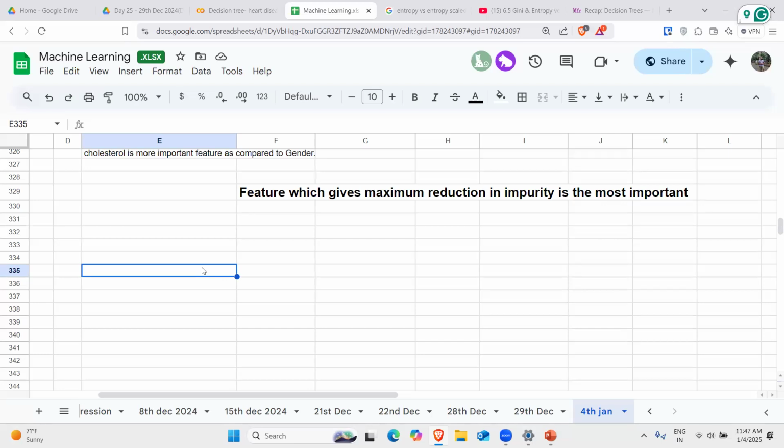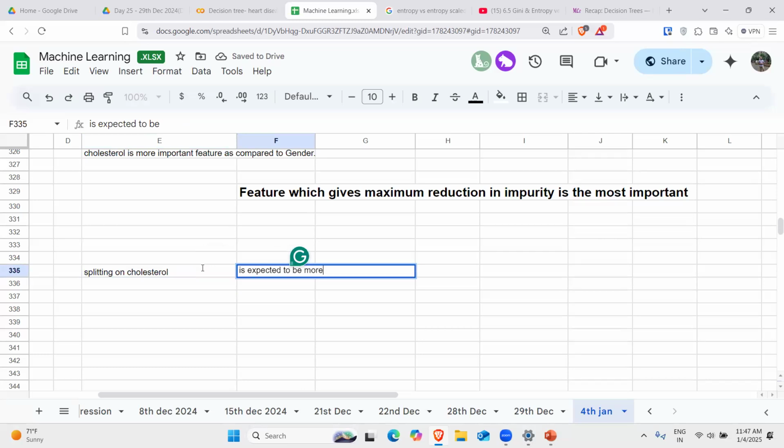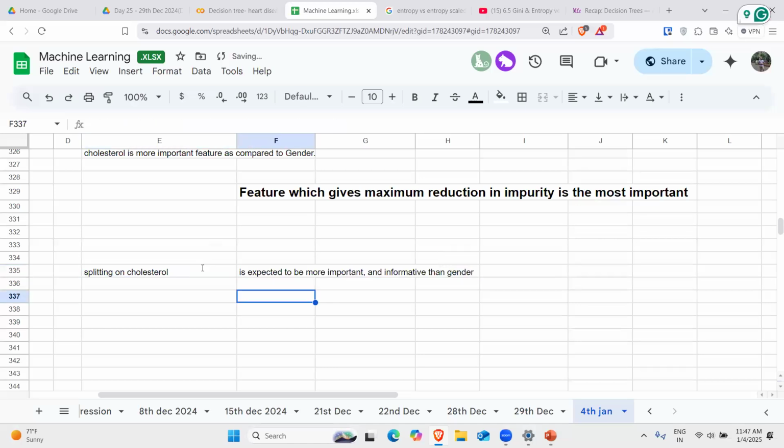This is intuitive as well because, if you see a real case scenario, splitting on cholesterol is expected to be more important, right? If you are a doctor, it is more informative for you to check for heart disease. Yes or no? Is my gender variable important? Is it related to heart disease?